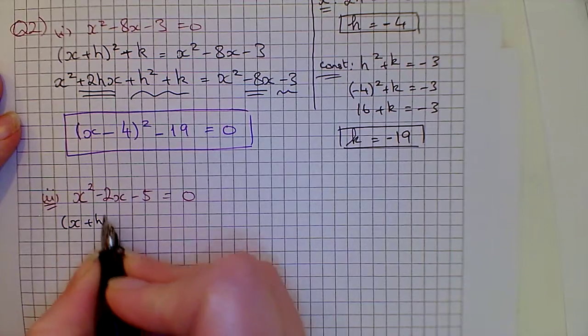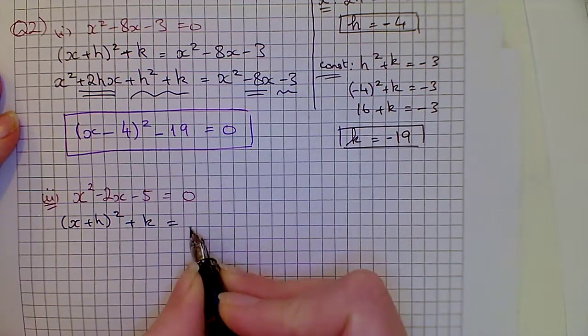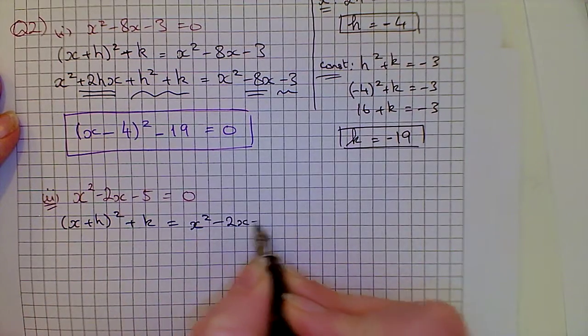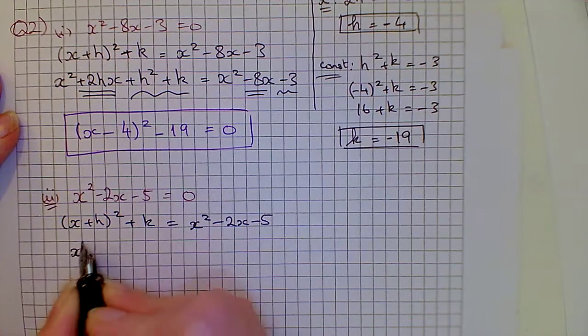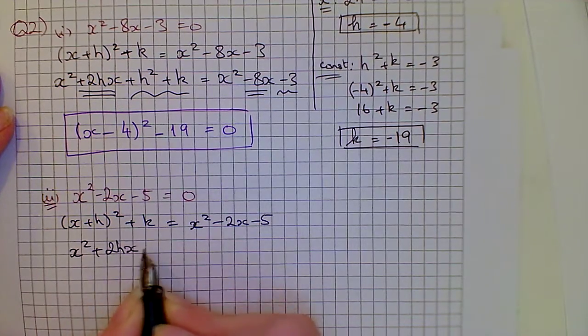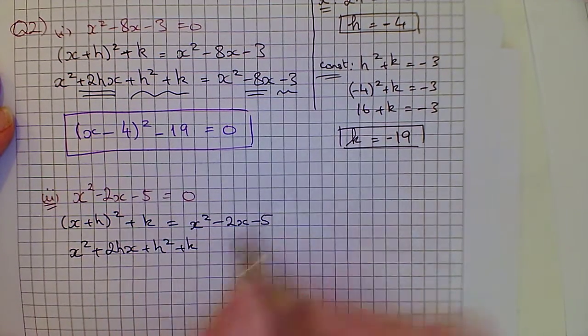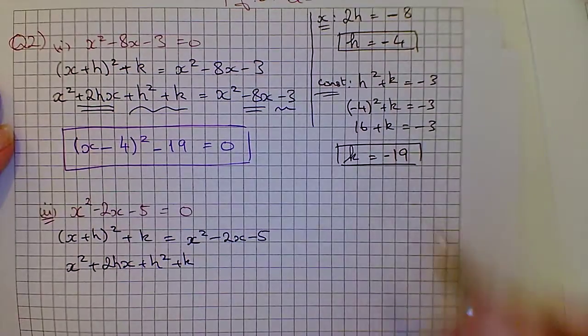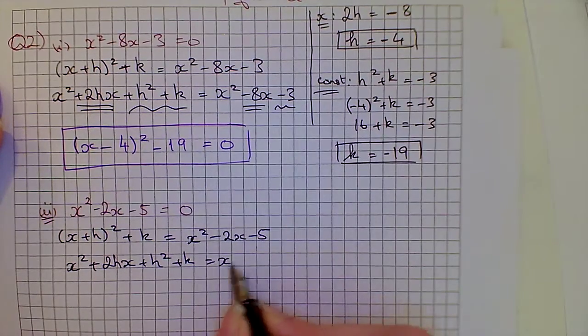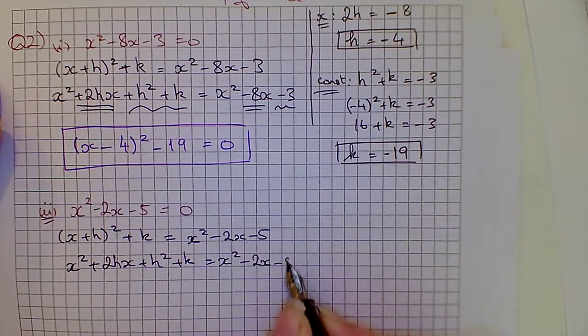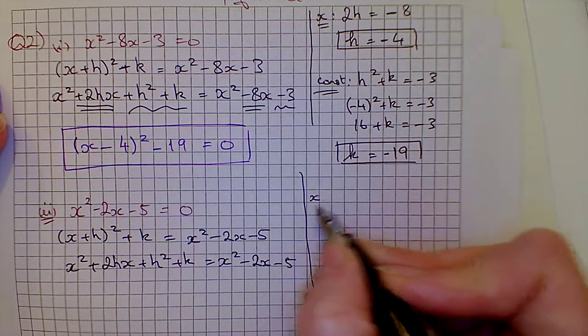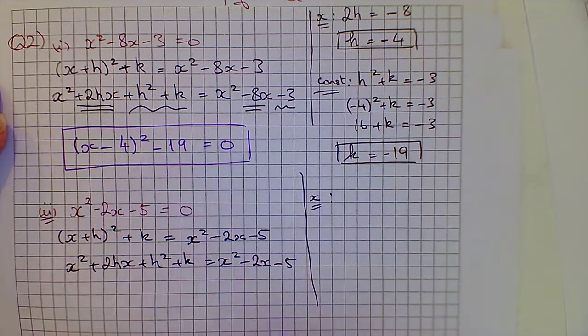But what you might want to do is learn off the squaring out of these brackets. So that's always going to be x squared plus 2hx plus h squared plus k. So you can jump straight to this part if you want to, x squared minus 2x minus 5. Because you'll see, so long as there's no number in front of the x squared, this step is always going to be the same.